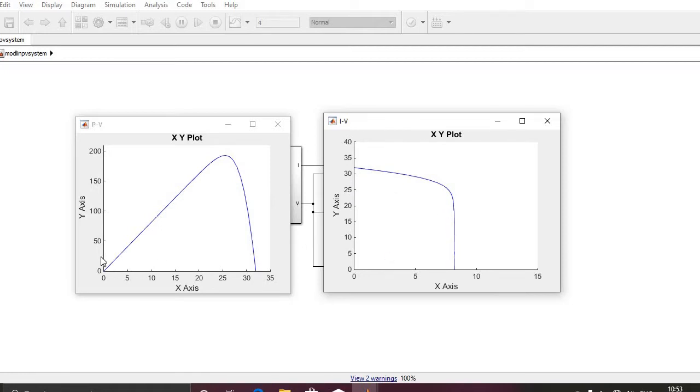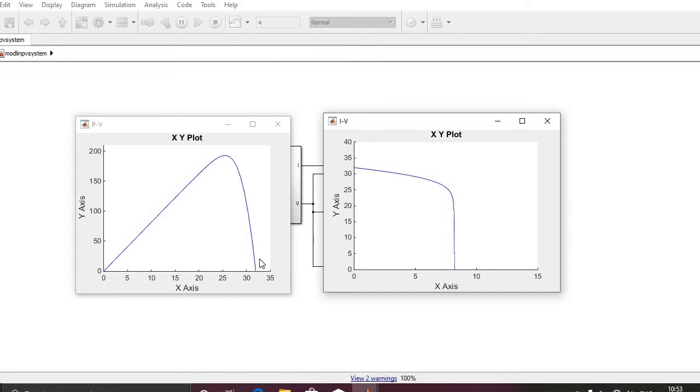In the PV characteristics, we can see that as the value of voltage increases, the value of power also increases up to some point, and after this point, by increasing the voltage, a drop in power will be seen.